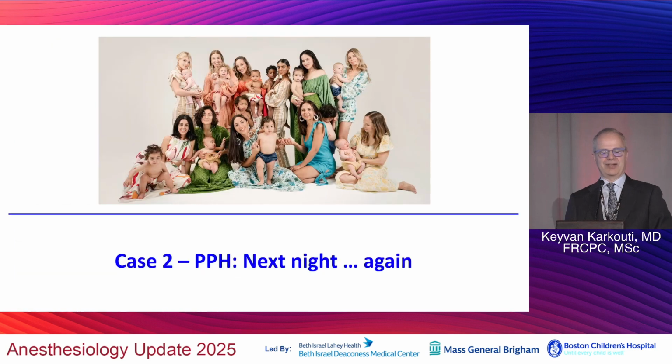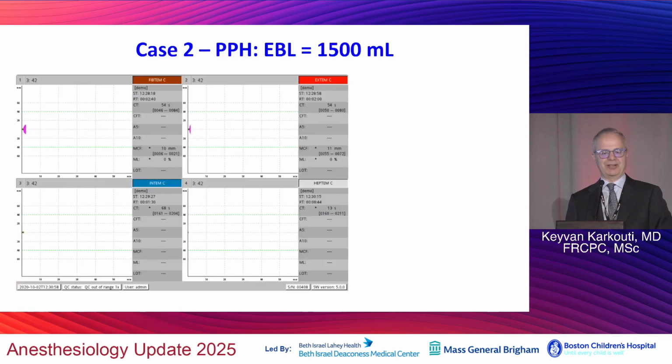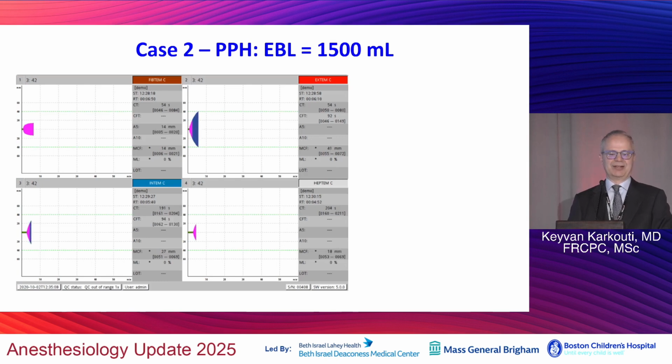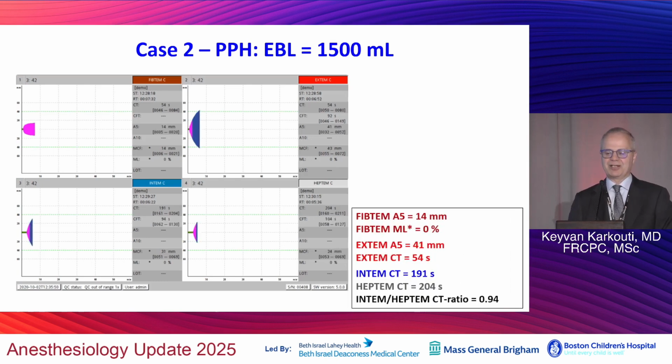And then the next case, same situation, except you get this viscoelastic assay, which, as you can already tell, is actually pretty robust. I'm not going to run through it because I'm out of time, but basically there is no heparin on board, everything looks good, FIBTEM is good, so fibrinogen is good.